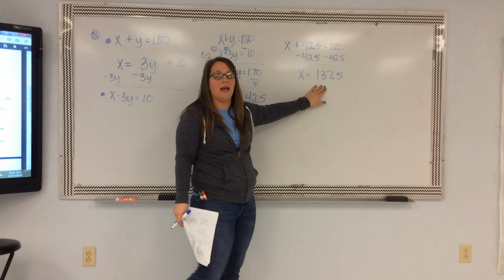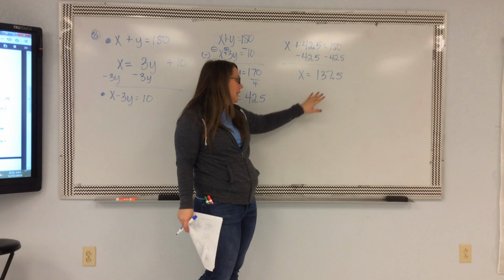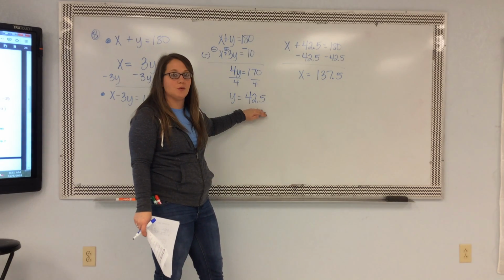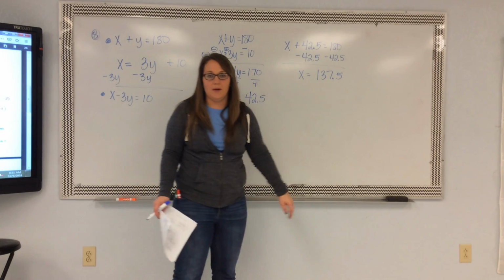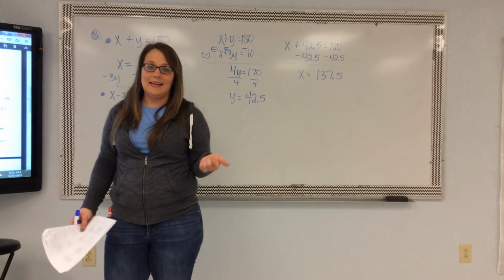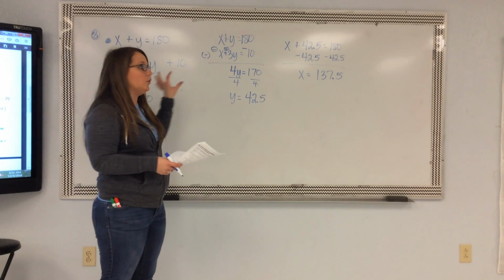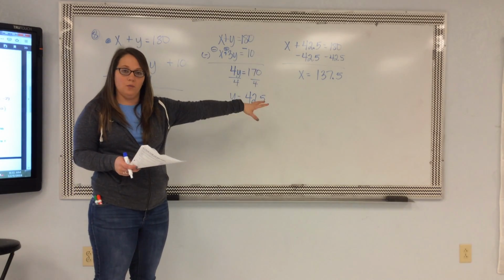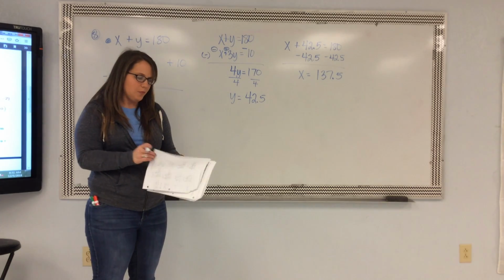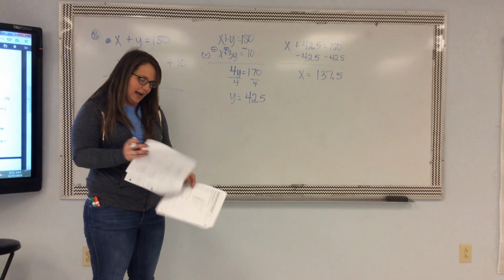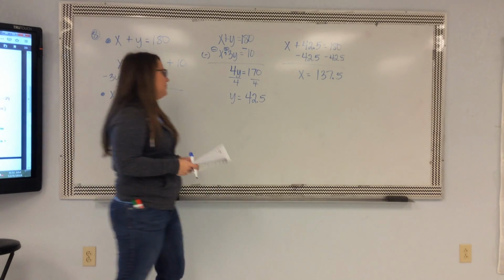Together they're supplementary. I can add them together to get 180. And if I multiply this times 3 and add 10 to it, I would get this number right here. You can always double check that at the end to make sure that your rules still stand true when you solve the equation.